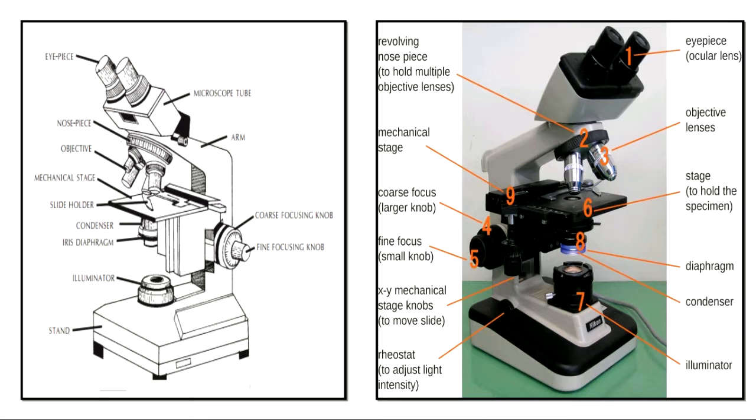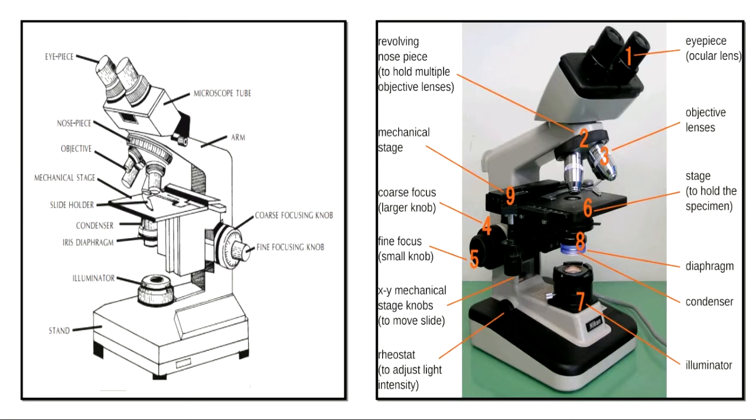Number four, what you see here, is the coarse focus. If you have to do a rough adjustment, that is called coarse focus. Number five is the fine focus, meaning if you want a fine adjustment, some cells you are unable to see clearly, or one person has specs and another person doesn't have specs.